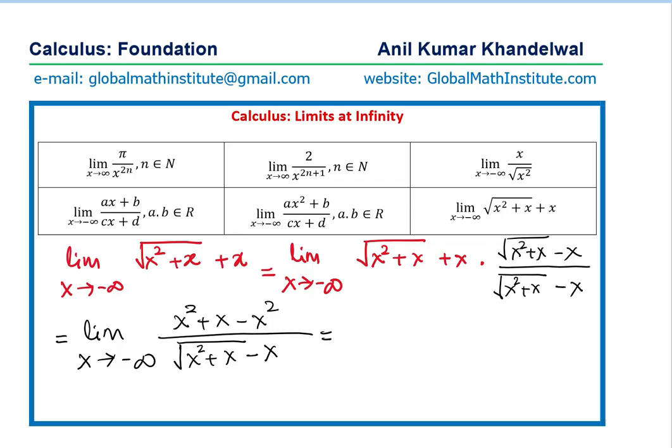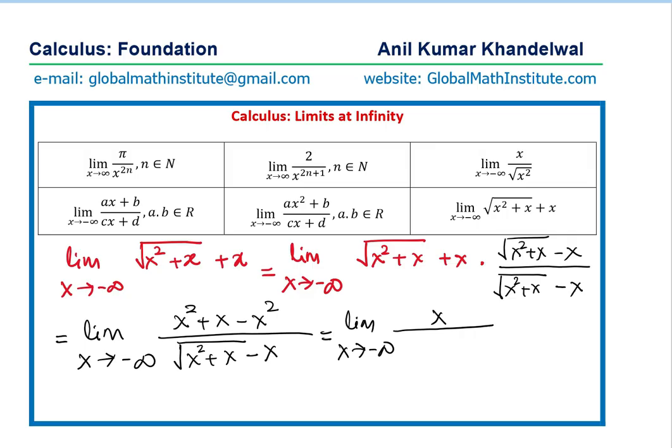Now, in the numerator, x squared and x squared cancel. We have limit x approaches minus infinity, and here we have x in the numerator. In the denominator, how do we simplify this? We have square root of x squared plus x, minus x.